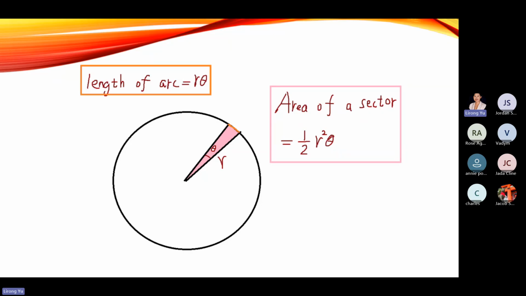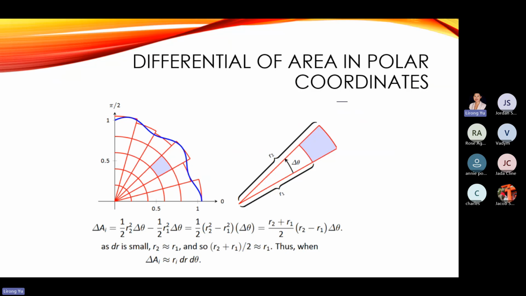The height is r, so it's 1/2 times r times r theta, which is 1/2 r squared theta. Area equals 1/2 base times height is a persistent formula that seems to be everywhere, the area of a triangle. So keep in mind that's our formula.